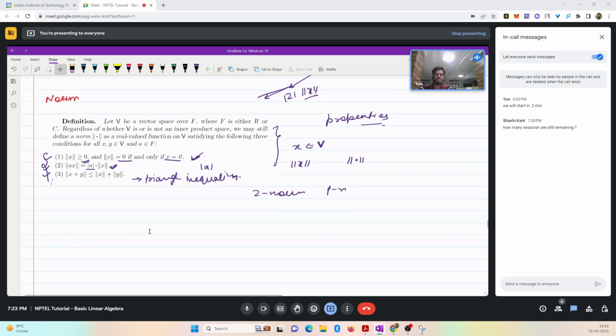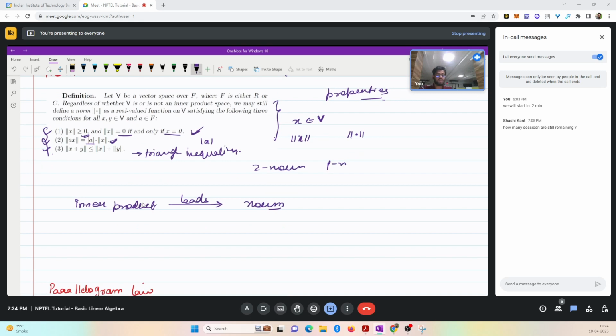Now there is an important question, that one thing we know is that if we have an inner product space or an inner product, I won't say space over here, then that leads to a norm. Okay. And now I also gave you a definition of a norm. If you don't have an inner product space, you can directly define a norm.